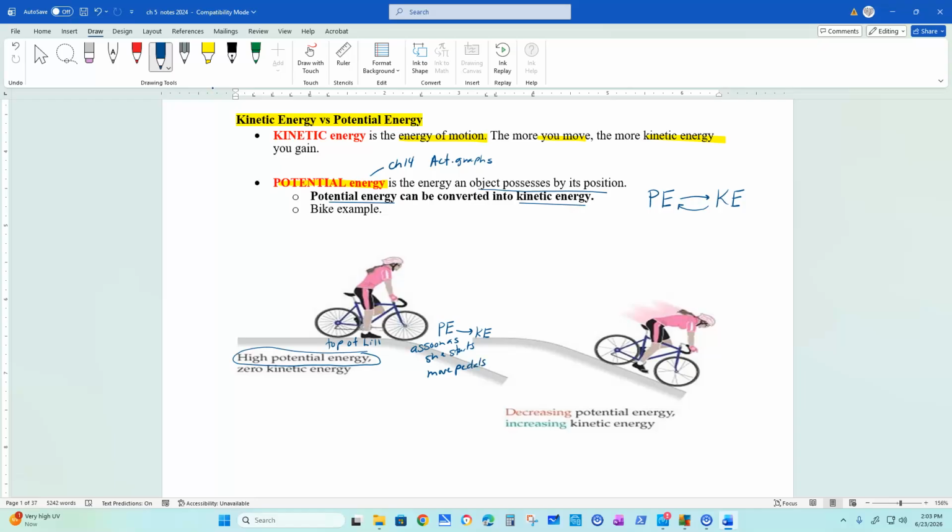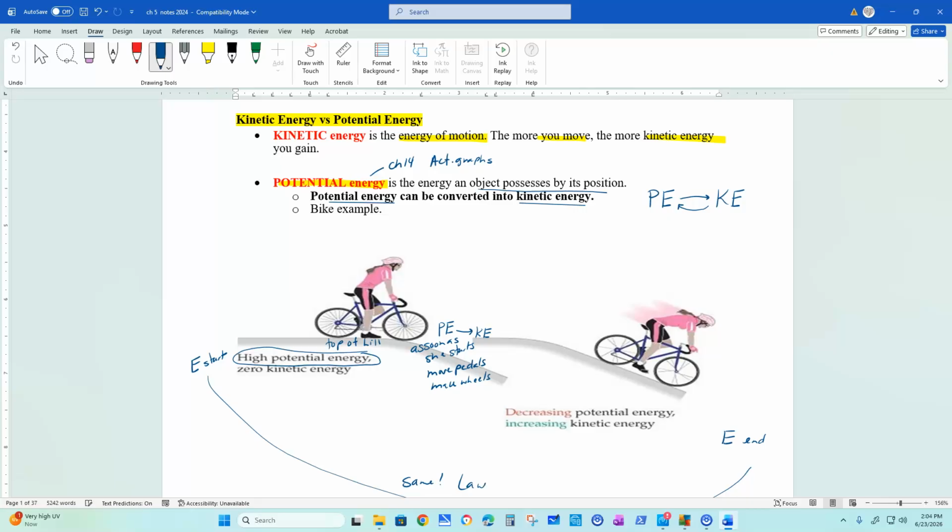She's got to make the wheels turn. And when she does that, she's changing that energy of position into kinetic. Now, whatever energy you start with, you have to end with that same energy. So the starting and the ending have to be the same, no matter what.